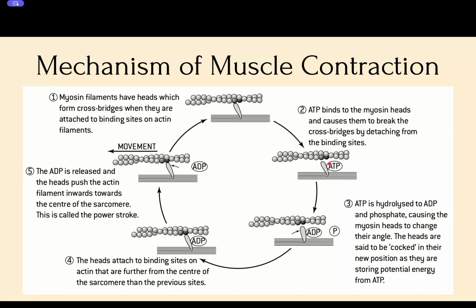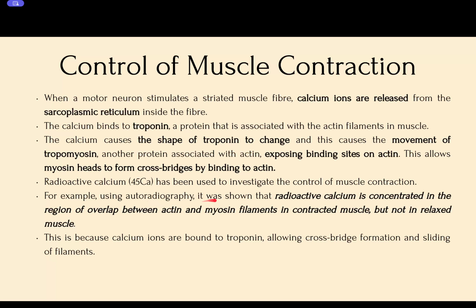To investigate the control of muscle contraction, we used radioactive calcium, calcium-45, and using autoradiography we found that radioactive calcium is concentrated in the region of overlap between actin and myosin filaments, but not in relaxed muscle.